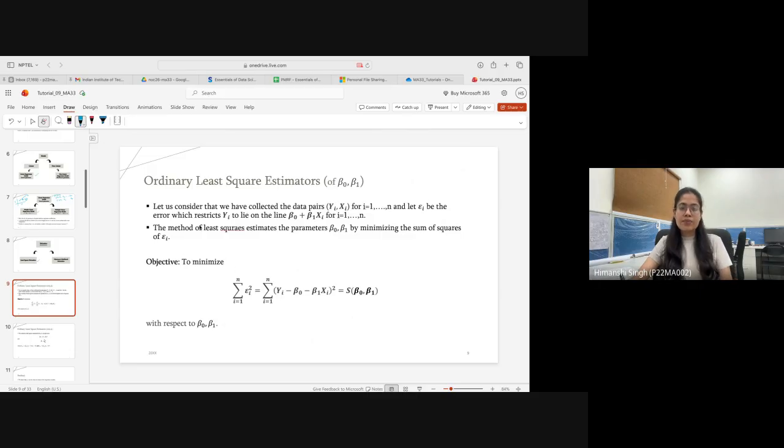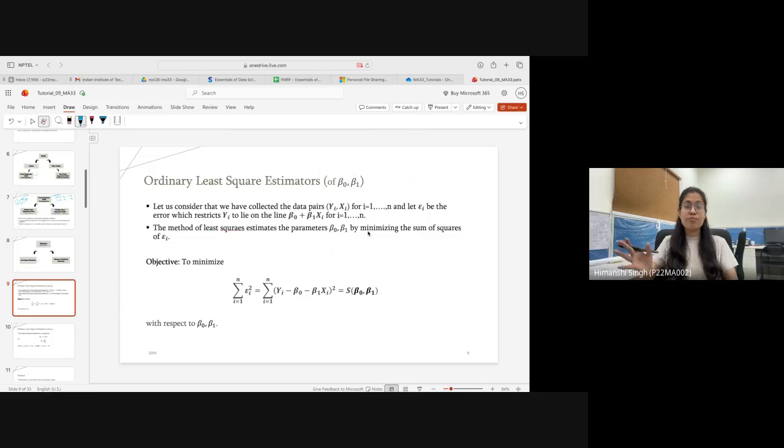Further, what does the method of least square estimation do? It wants to minimize the sum of the squares of epsilon i, the errors which we are making in order to fit a line to the data. So whatever the error is, I want to minimize those errors, that is, the sum of the squares of those errors, in order to estimate beta naught and beta 1.